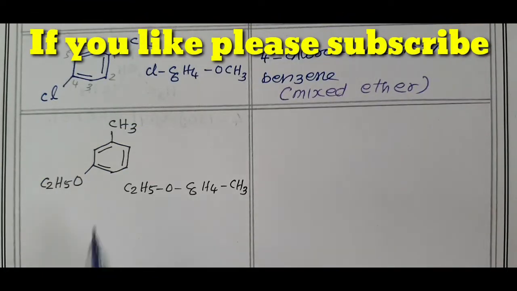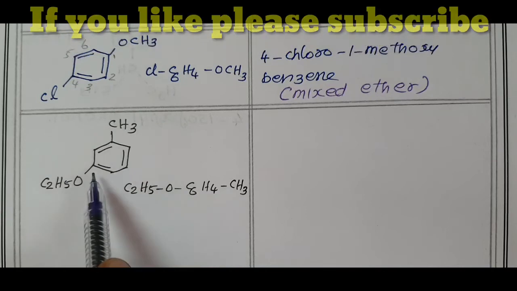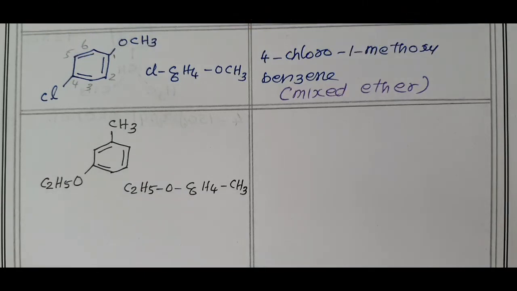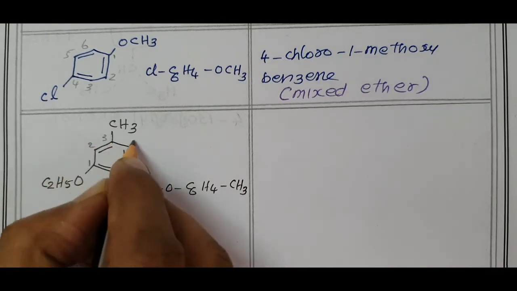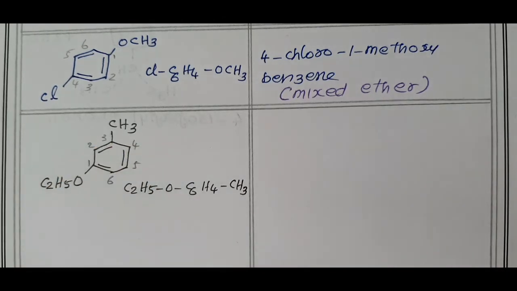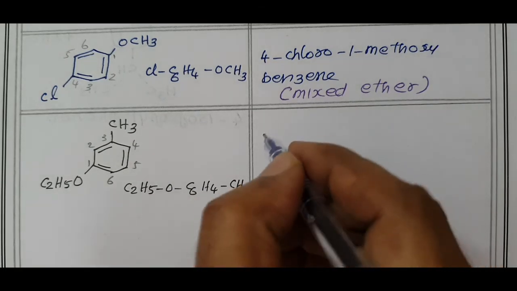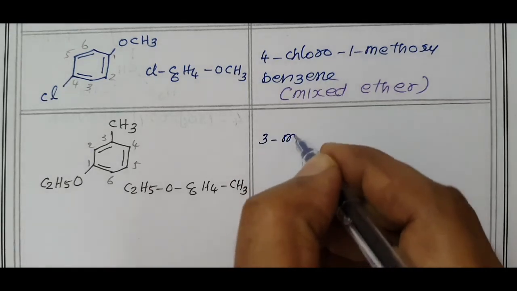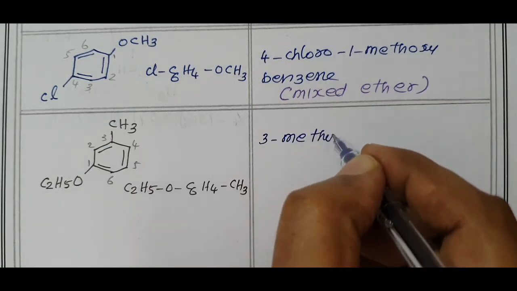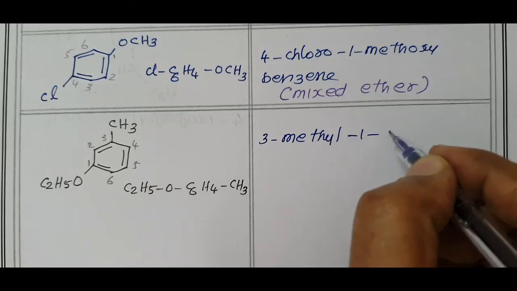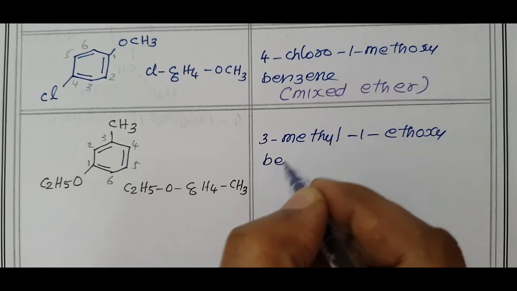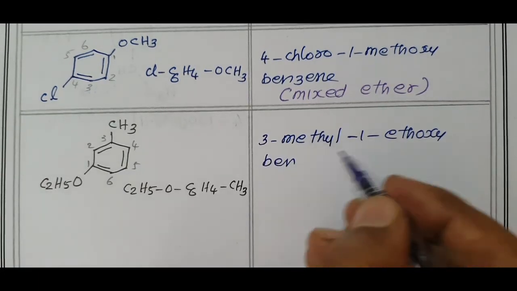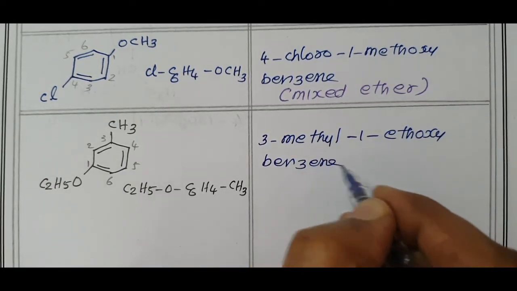This is the third compound, C6H4CH3, OC2H5. Starting with the functional group, numbering 1, 2, 3, 4, 5, 6. First carbon ethoxy, third carbon methyl: 3-methyl, 1-ethoxy, parent hydrocarbon benzene, 3-methyl-1-ethoxybenzene.